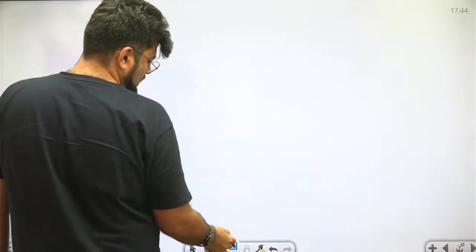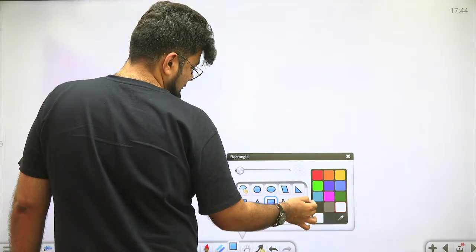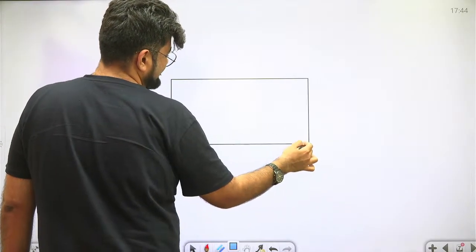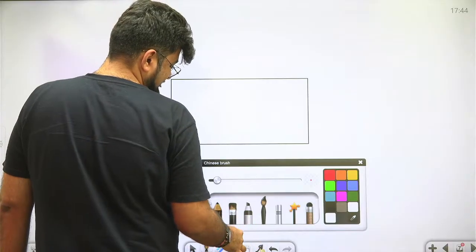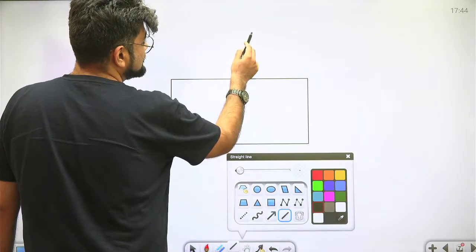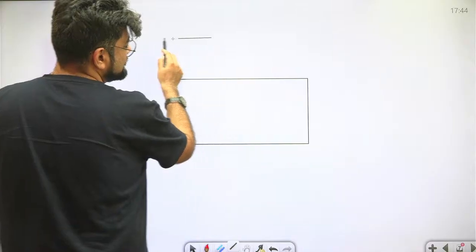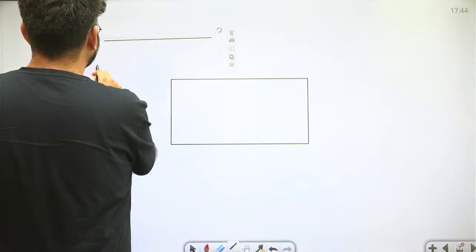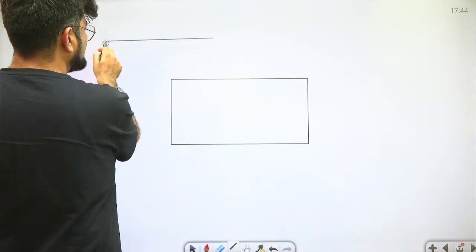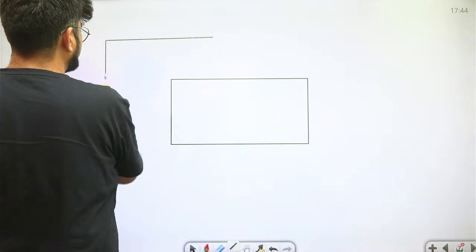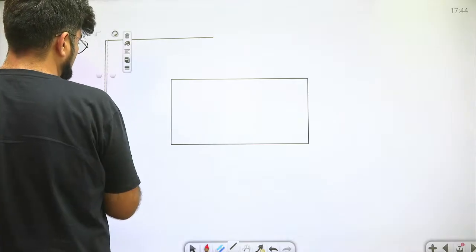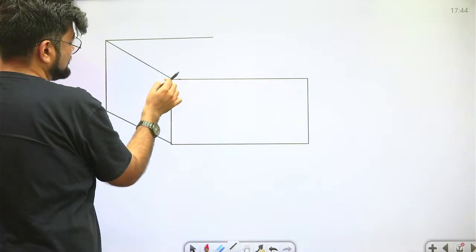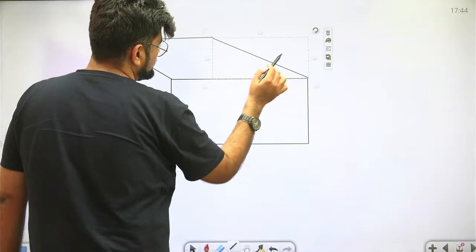So supposedly, I am talking about a cuboid. Let's say, so this is my cuboid.